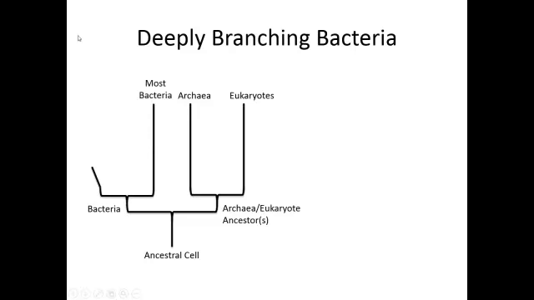And we have most bacteria over here, but over here we have bacteria that live in environments that are very like what the early Earth would be: non-oxygen, very hot, acidic, high radiation. Because they kind of took off on a side branch from most of the bacteria, we call them deeply branching bacteria. That's where the term comes from.